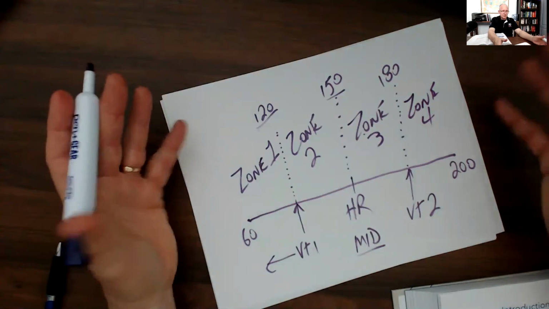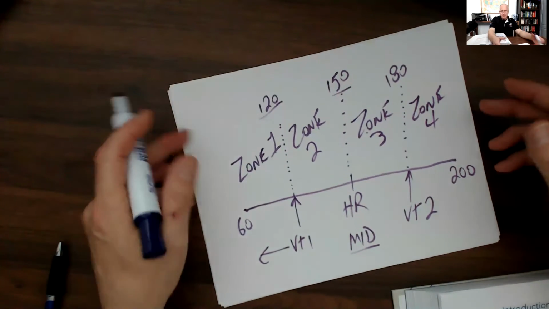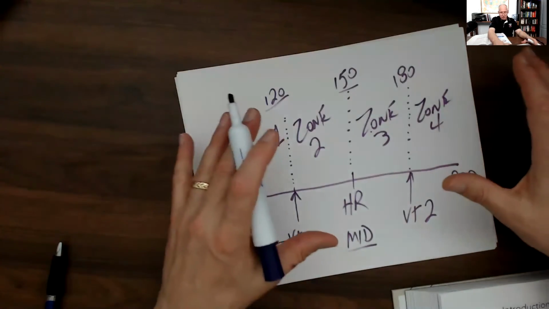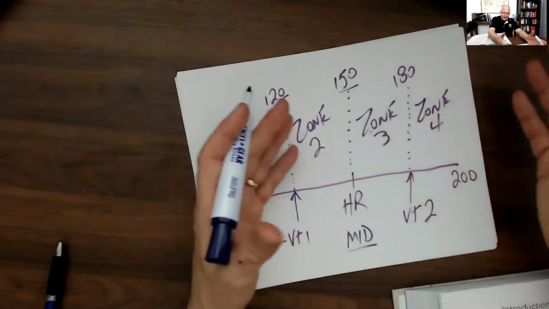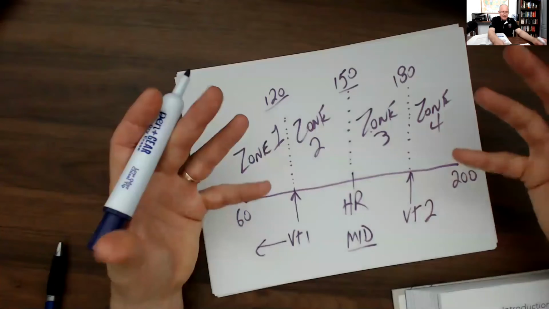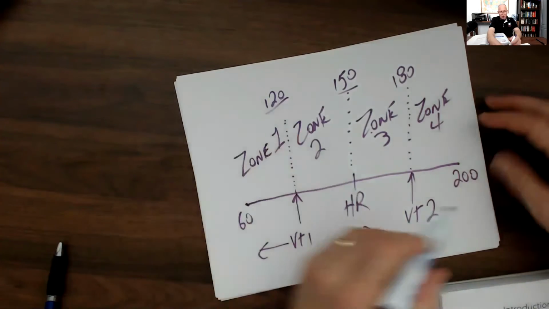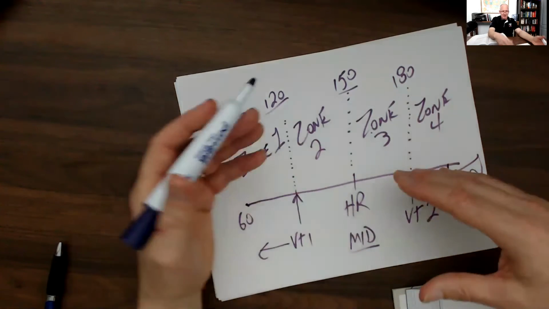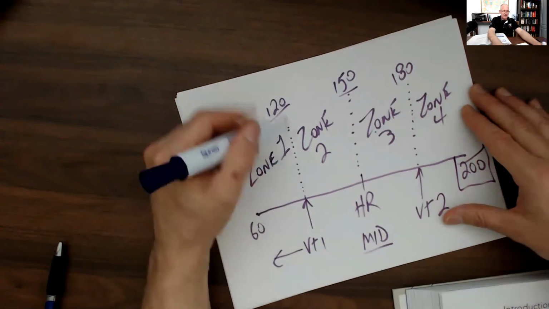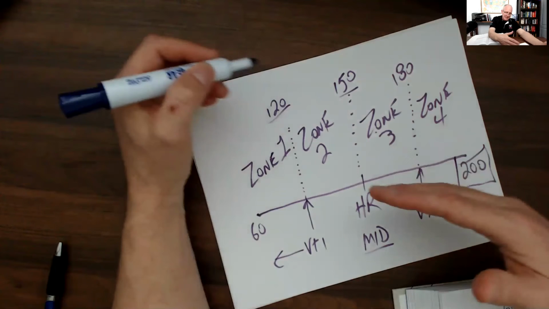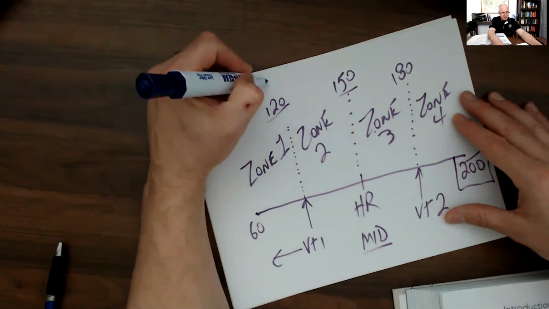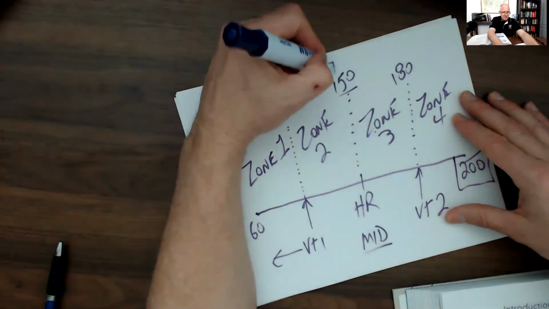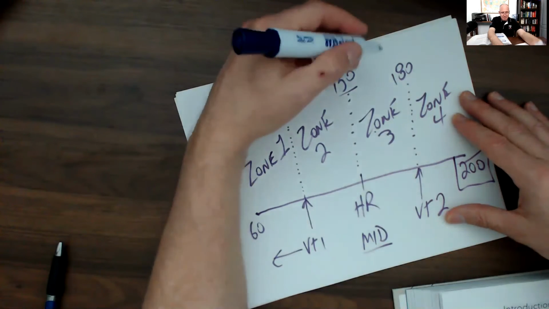Now, just so you know, because you may have seen this, or you'll hear it, or you'll read it, we can also make some correlation, believe it or not, between the predicted max heart rate and the percent of predicted max heart rate. Normally what you'll see is this is going to be roughly 60%, 75%, something like that.